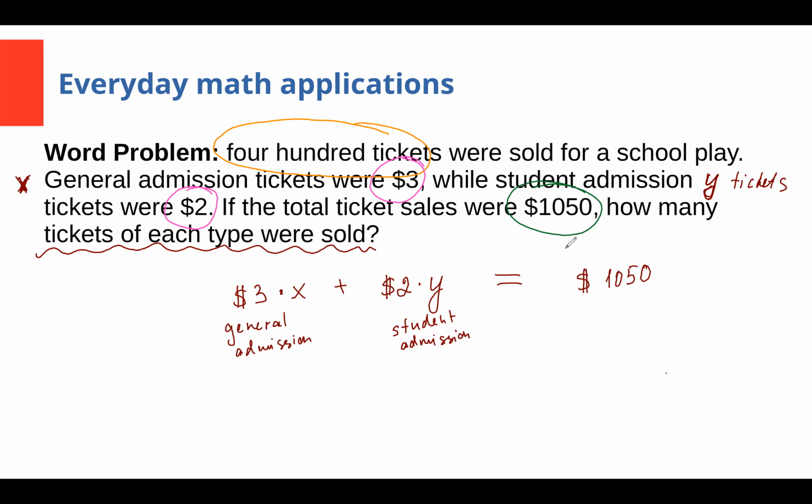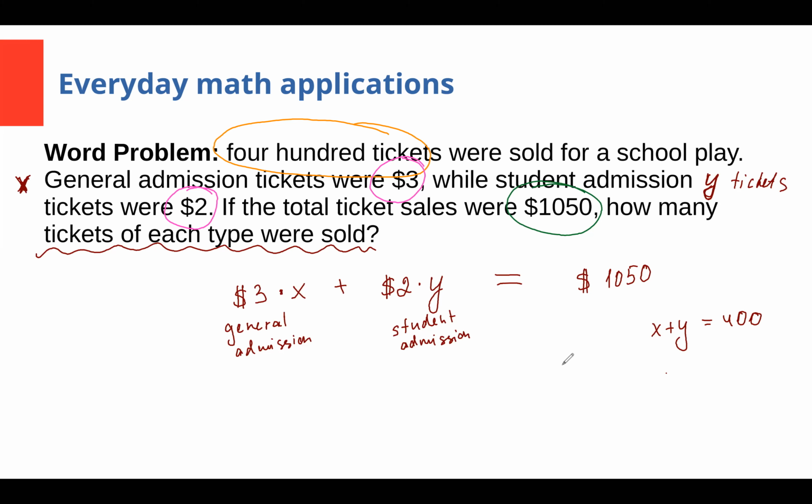Now I cannot solve this equation because it has two variables. This is where the 400 tickets kick into play. What I can say is that X plus Y, if I add up the number of tickets, is in total 400. And I can express one of the variables in terms of the other.